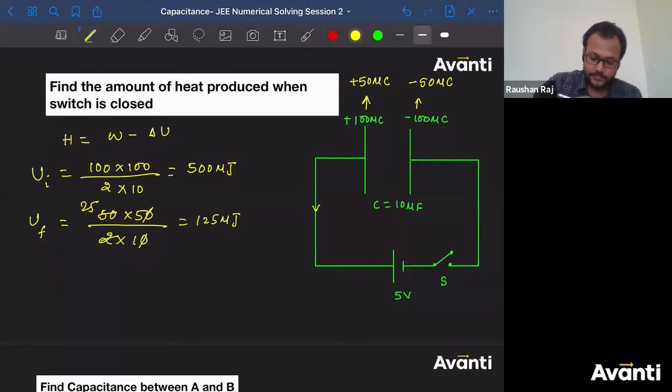How much charge will come out of this particular plate and flow across the battery? कितना होगा? 100 minus 50. So I'll say 50 microcoulomb charge will flow through the circuit, or across the battery.